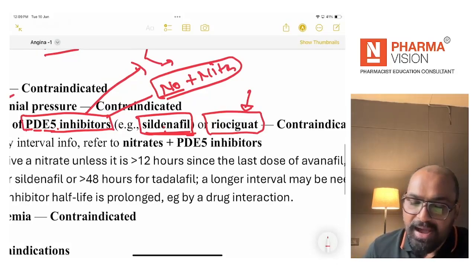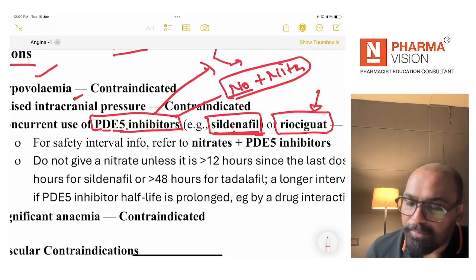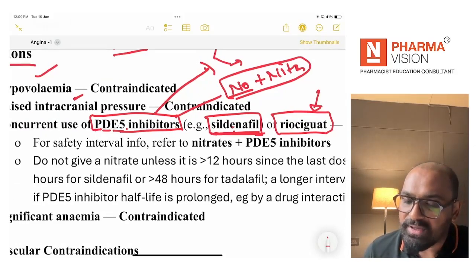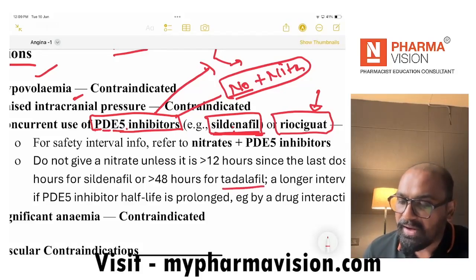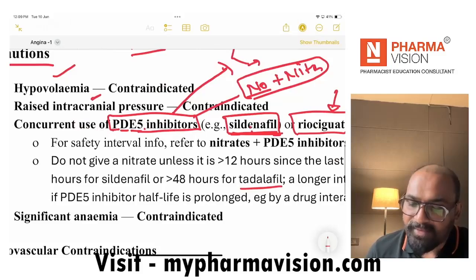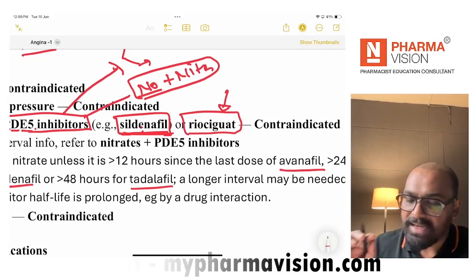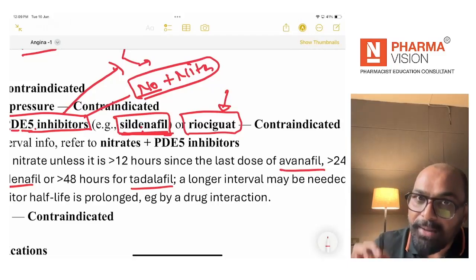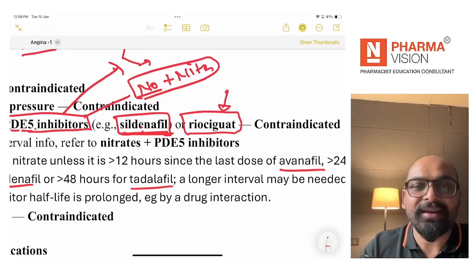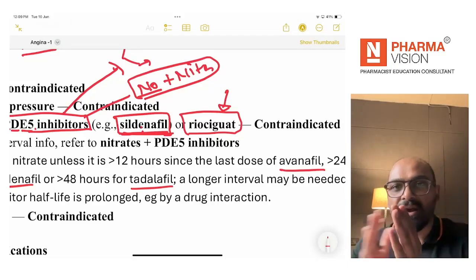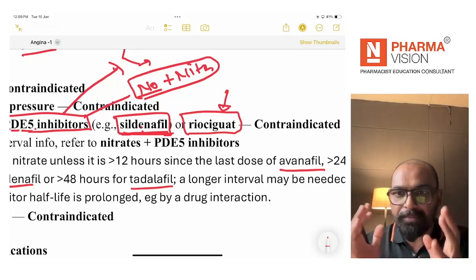Now, depending on this group of medication: tadalafil, sildenafil, and avanafil. These are the three medications. Depending on the half-life, we can recommend nitrate-free periods.